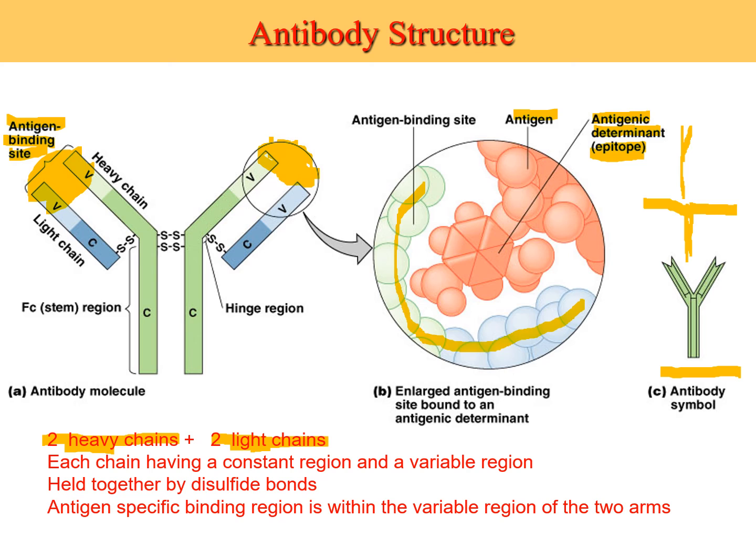Okay, so this is the structure of a secreted antibody molecule. B cells have these embedded on their surface. This is the end of the molecule that's embedded in the membrane of the B cell.